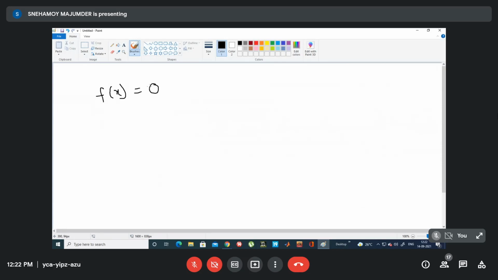Obviously, the root of this equation is the solution. Now the thing is that I have to go for iterative cycles. But I have to gauge the initial values.